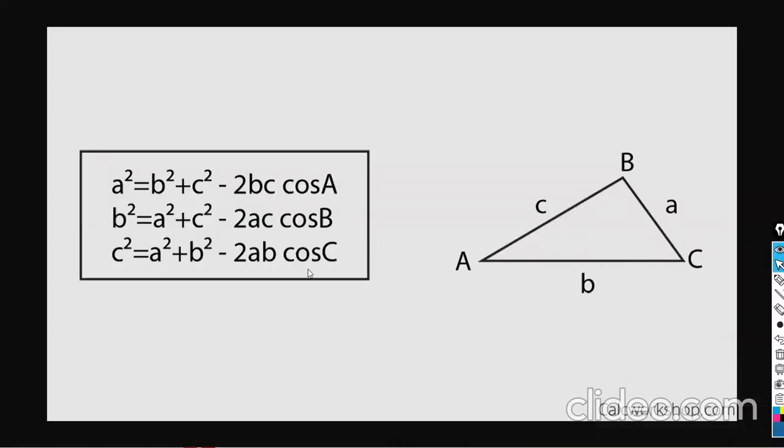Now occasionally you'll see people write the law of cosines as three separate formulas, but really these are all the same formulas. As long as you remember that the respective side is across from the respective angle, then you'll be fine. So you don't necessarily need all three of these formulas.